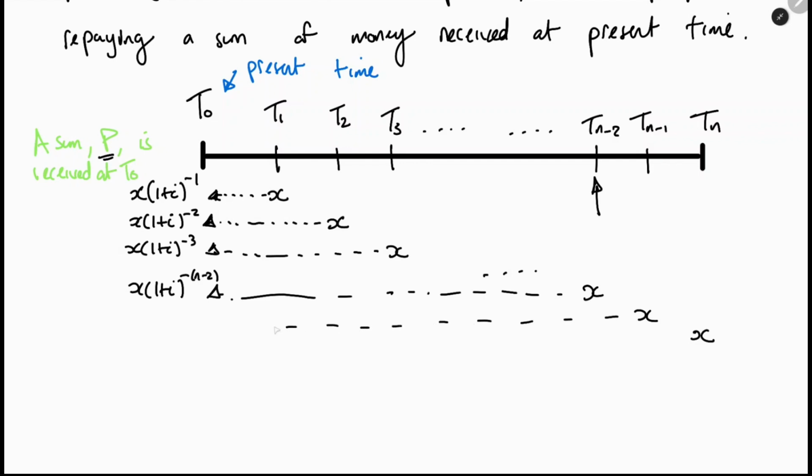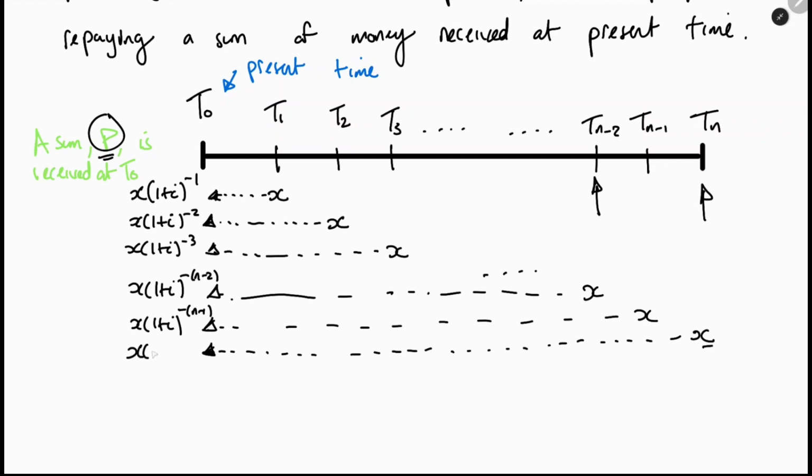And so on. This will be x times 1 plus i to the n minus 1, and this last one, which is the final repayment. So after this repayment made at time Tn, the total amount P will have been repaid, but that payment x is to be discounted back all the way in time periods.